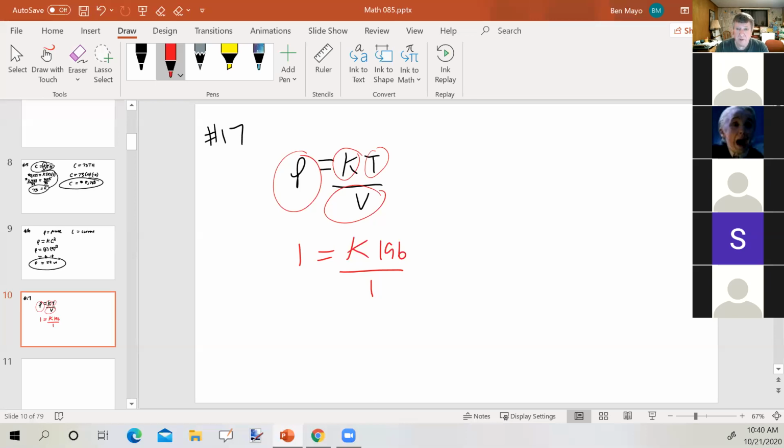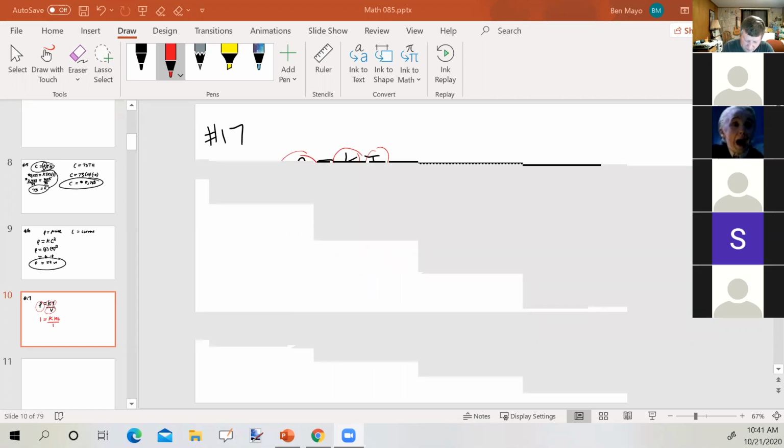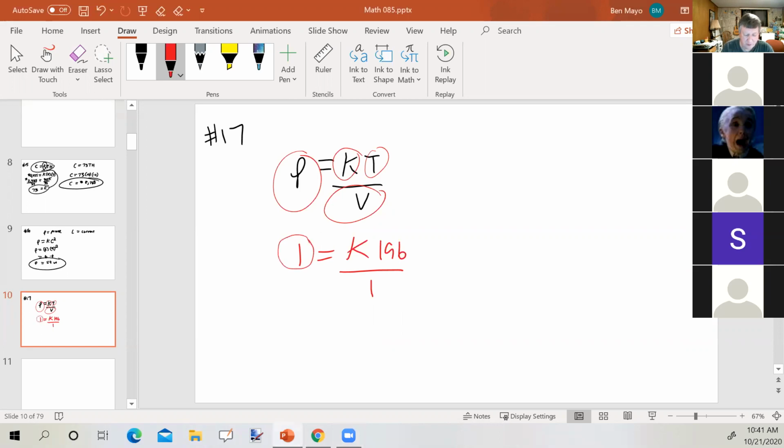Okay, so let's go back and look at my formula. So the pressure of a certain amount of gas is directly proportional to the temperature. A sample of gas at a pressure of 1 atmosphere. So here's the pressure, that's the 1. K we don't know yet. Occupies a volume of 1 cubic meter. So there's the volume at a temperature of 196 Kelvin.